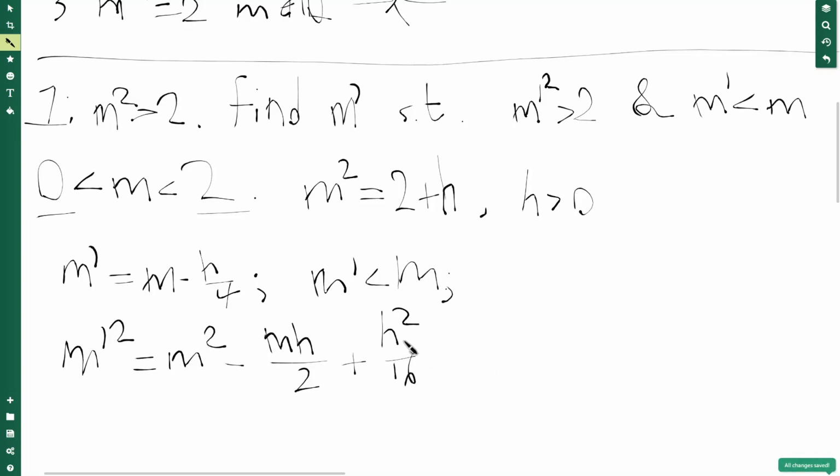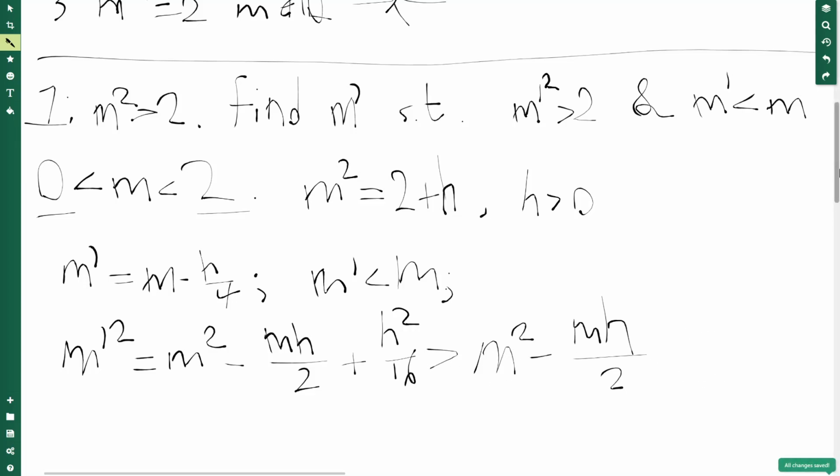Okay? But notice that this is actually greater than m squared minus mh over 2, because this is positive, right?